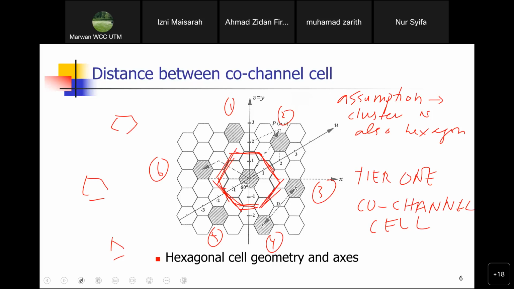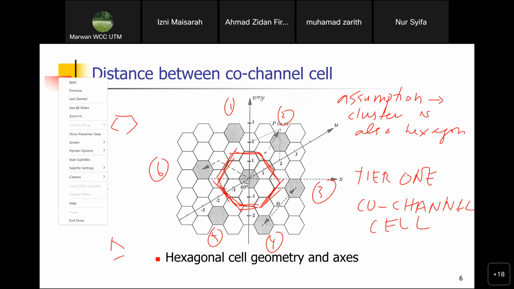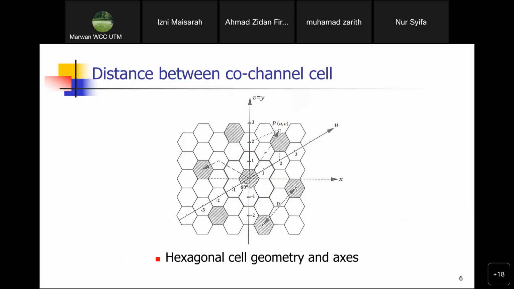So the point that I want to make is that it doesn't really matter what cluster you use. For example, this is cluster 7. There are 6 co-channel interferers. If you are using cluster 4, meaning 4 cells per cluster, again there are 6.